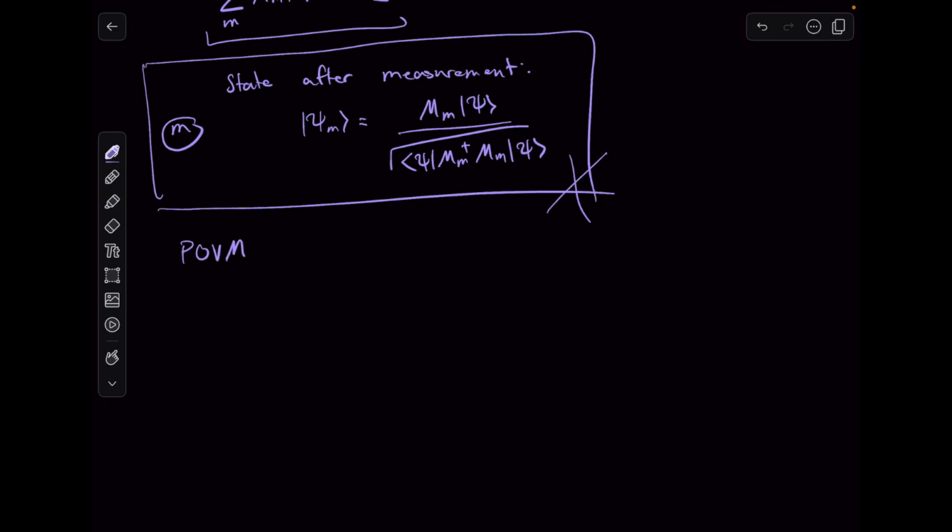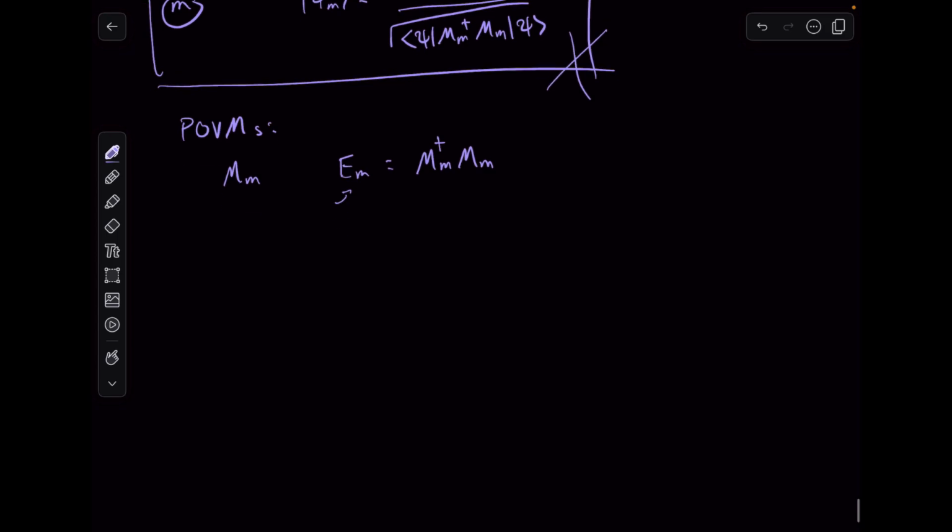Instead of referring to these measurement operators like this, we define a new type of operator, E sub m, which is the Hermitian conjugate times itself of what we had previously. This turns these E sub m's into Hermitian operators and cleans things up a little.